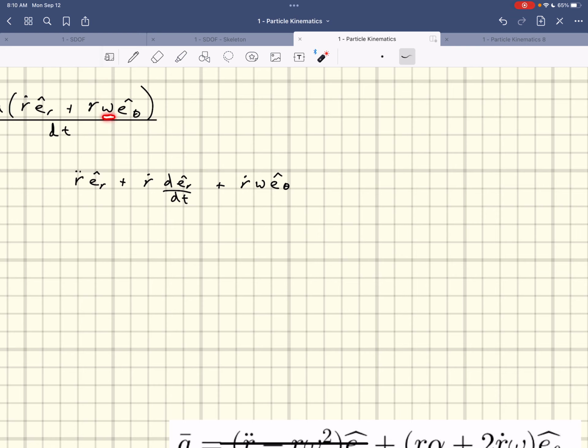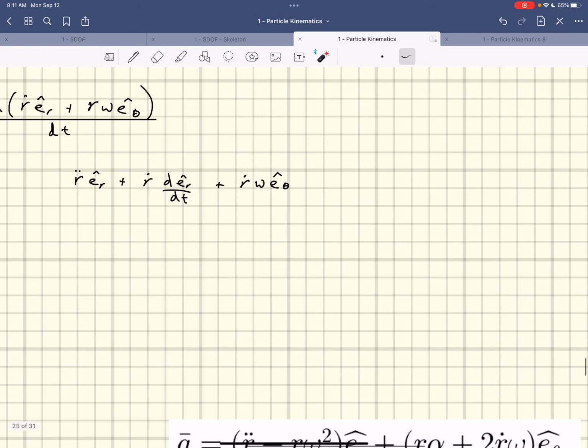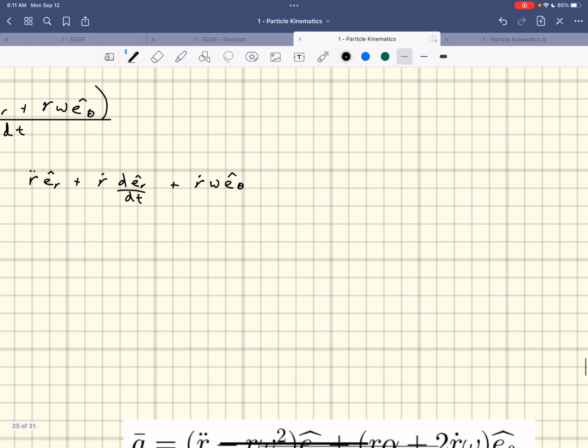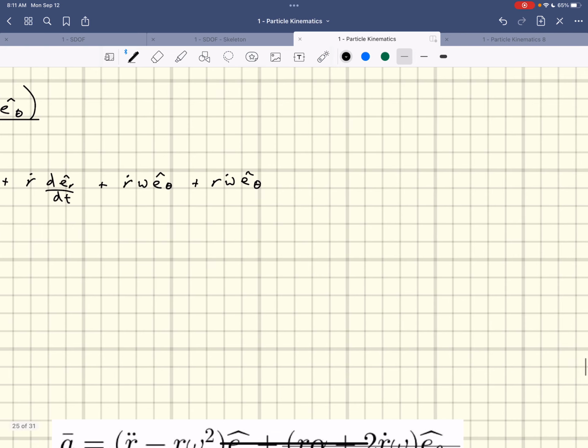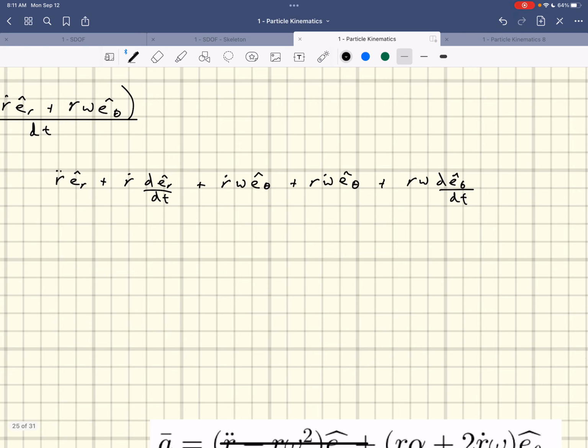Then take the derivative of this thing, leave those two things alone, and then take the derivative of this thing and leave those two things alone. You have to do it because there are three items there. So that's the derivative of the first thing, leaving the other two alone. Then we get r omega dot e_theta. So now I've taken the derivative of the second thing, left the first and third thing alone. And lastly, leave the first two things alone, d e_theta/dt, and then take the derivative of the last thing. Okay? So a lot going on there. This could be simplified some.